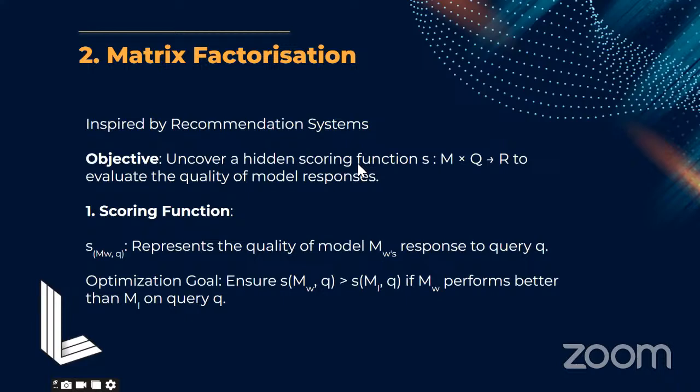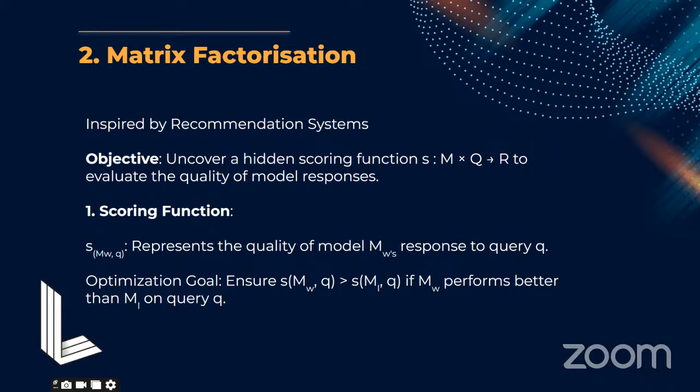The second routing approach is matrix factorization. This is inspired by a recommendation system. Matrix factorization helps predict which model would perform best for a given query by learning latent relationships between queries and models.